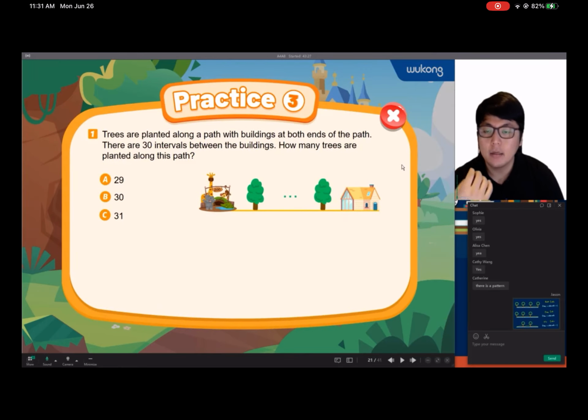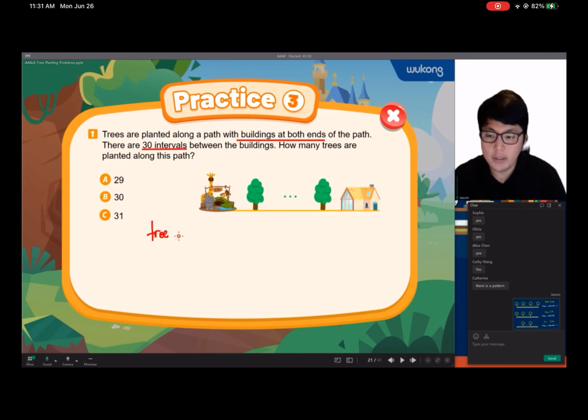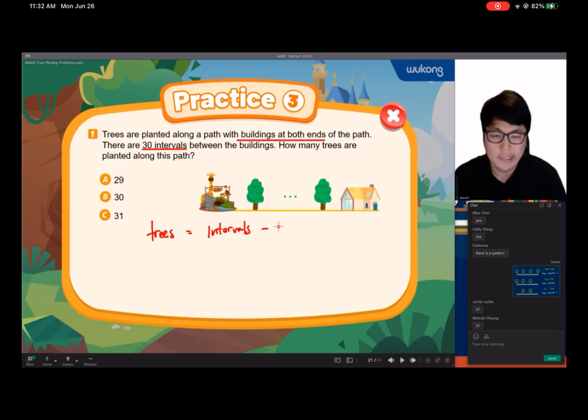Now, time for stamped questions. Trees are planted along a path with buildings at both ends of the path. Oh, so we have buildings at both ends, so no trees. 30 intervals, how many trees? Well, now, no ends, so trees equals intervals minus 1. Guys, 30 intervals minus 1.